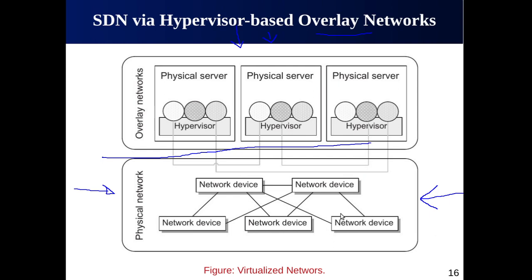We do not change anything here. So with the networking devices and their configuration remaining unchanged, hypervisor-based overlays do not directly address the desire to open up the network devices. And that is one of the requirements of SDN, that we have to open the devices and separate the control plane from the data plane. But here those things do not happen.